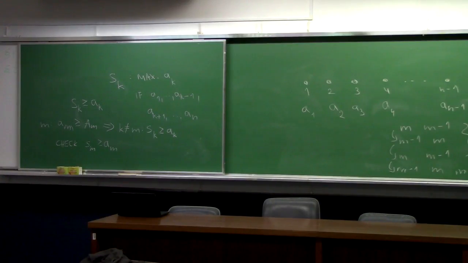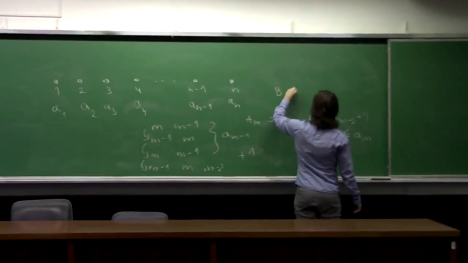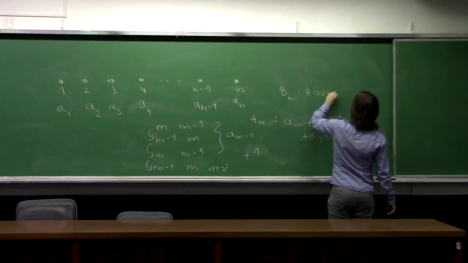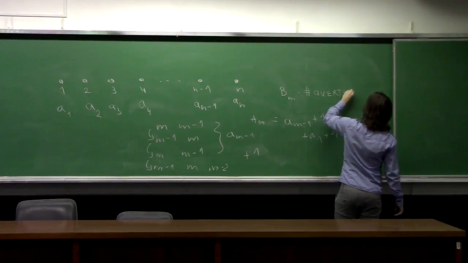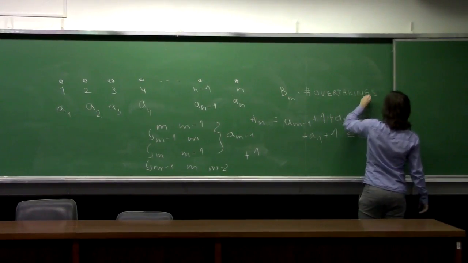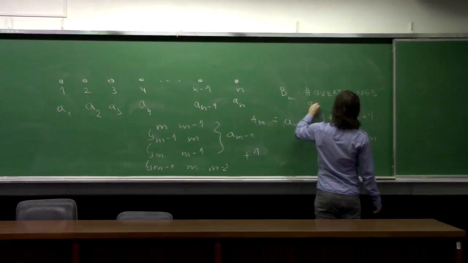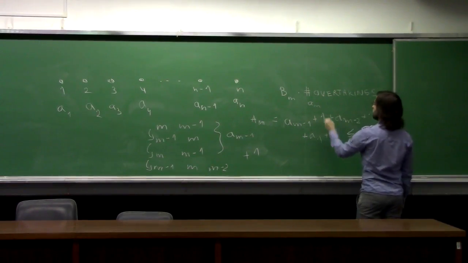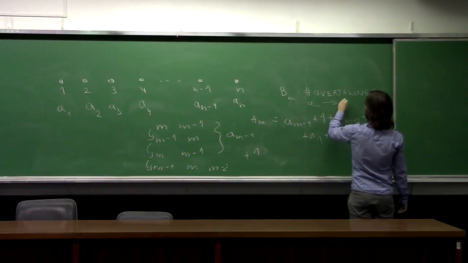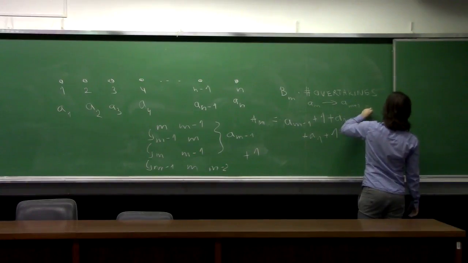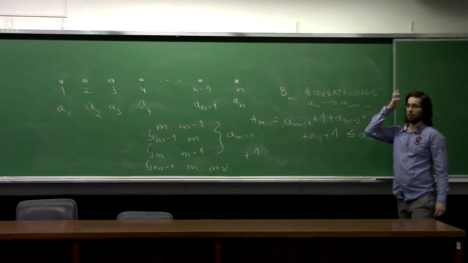And then we want to compute another number, B_M, the number of overtakings where car M overtakes one of the cars that started after it.